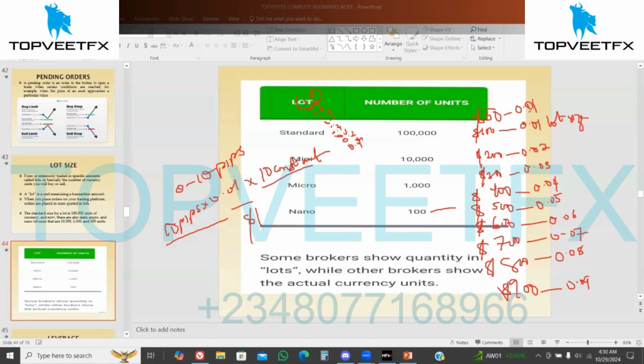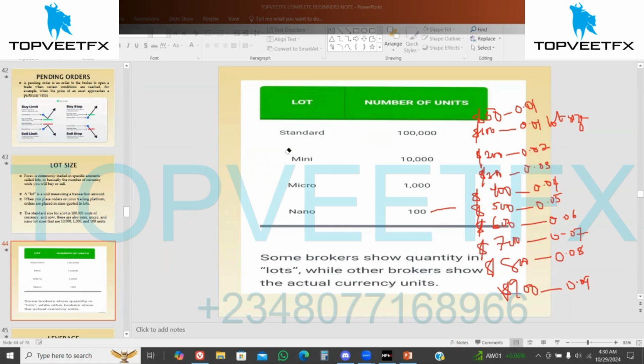Don't go and overtrade. When you have a $100 account, you are not supposed to use more than 0.01. Let's say, for example, you see a lot of opportunity in the market: AUD/USD, you see an opportunity to sell, you see GBP/USD sell, you see EUR/USD sell, you see USD buy, all those things.